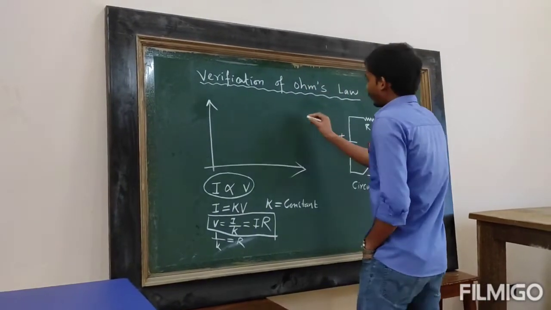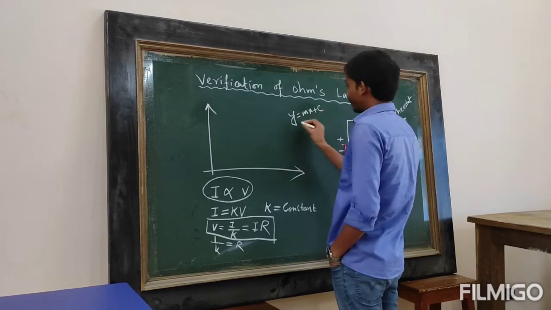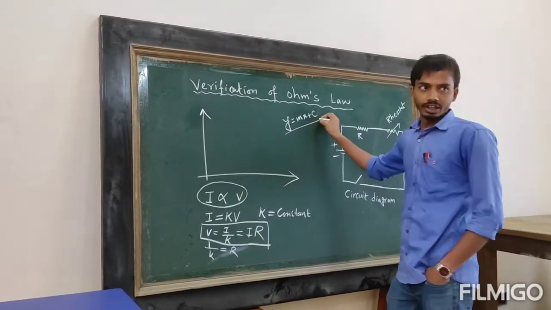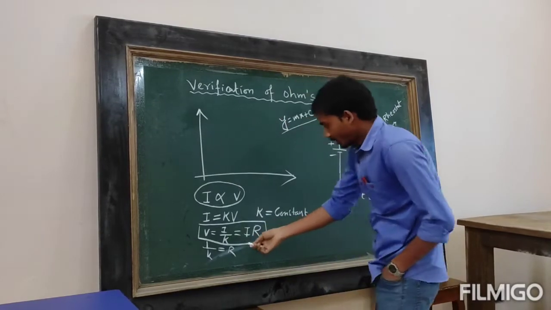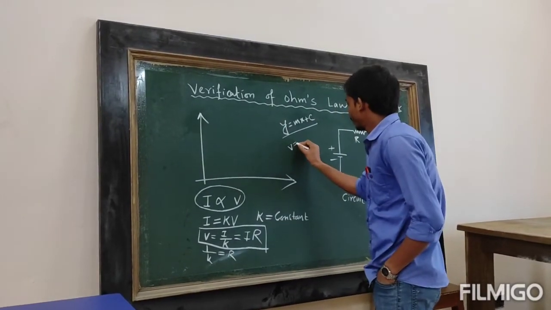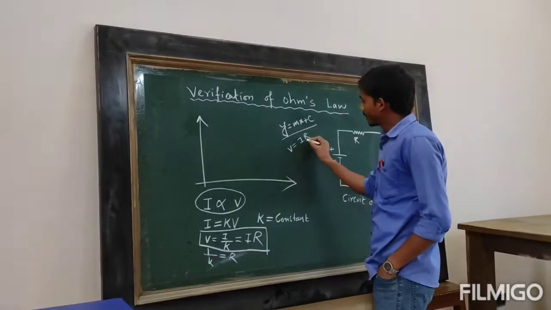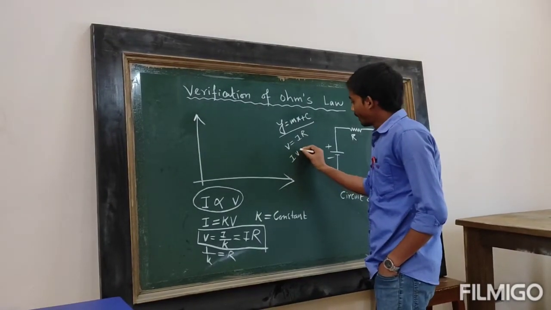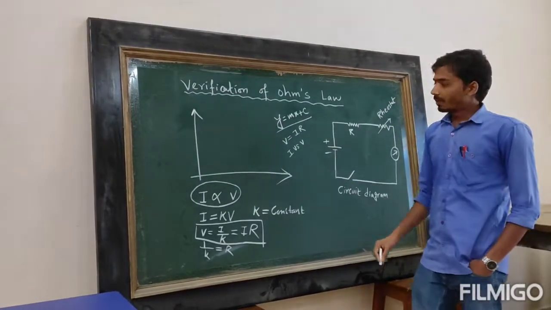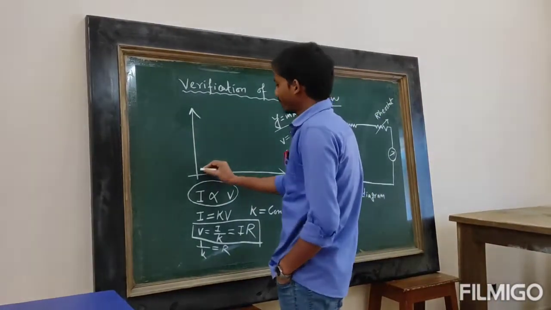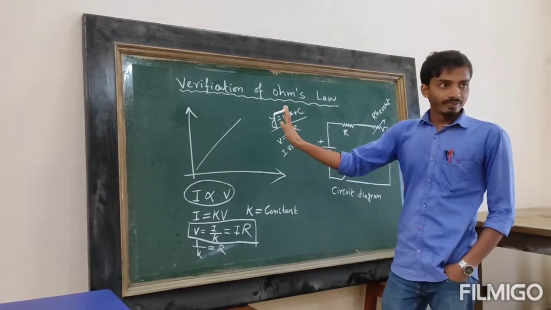You know y equals mx plus c is the equation of a straight line. From V equals IR, if I plot V versus I or I versus V, it will be a straight line. If it is a perfectly straight line, then we can tell that Ohm's law is verified.